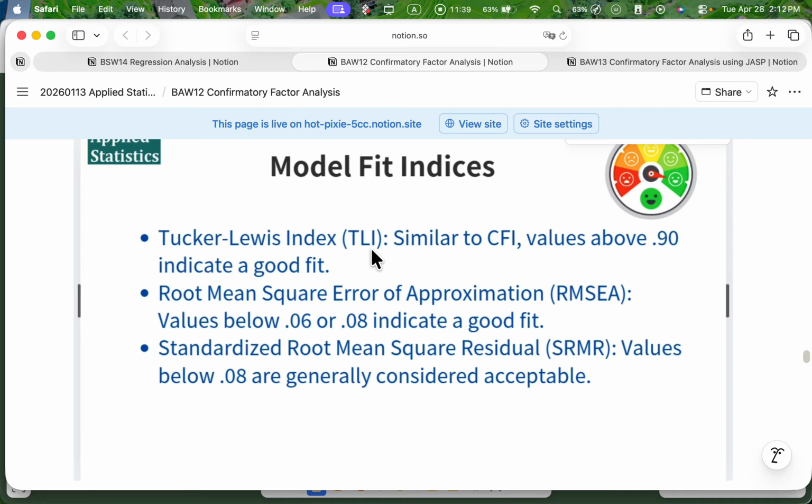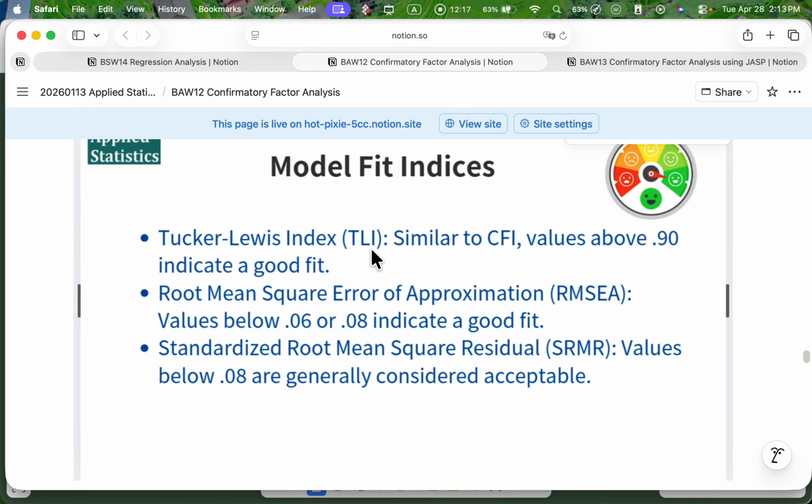So TLI, GFI, CFI, the value has to be greater than 0.9. For RMSEA and SRMR, we expect the value below 0.06 or 0.08. Okay, the smaller the number, the better.